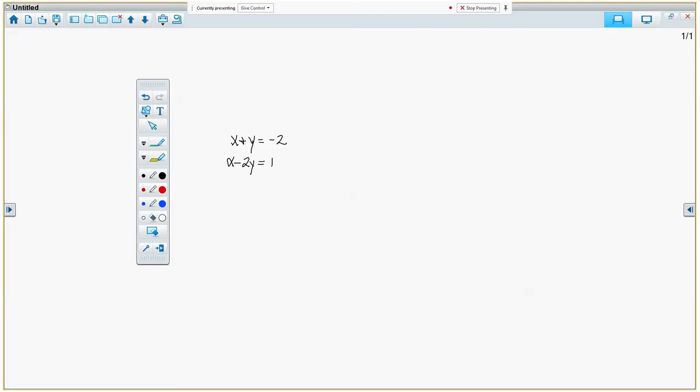So write it as a matrix. That would be 1, 1, because these two, that's a 1, and that's a 1, and that's a 1. Negative 2, 1, negative 2, and 10. Here's your matrix.